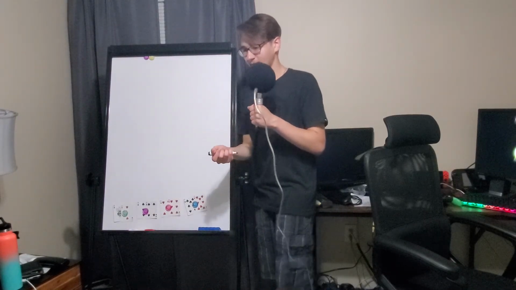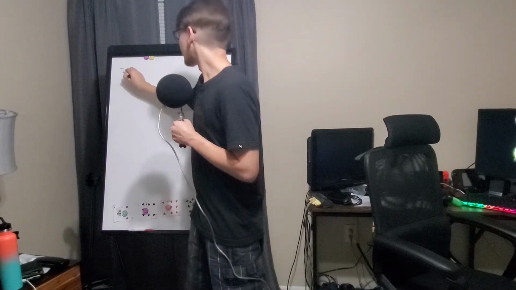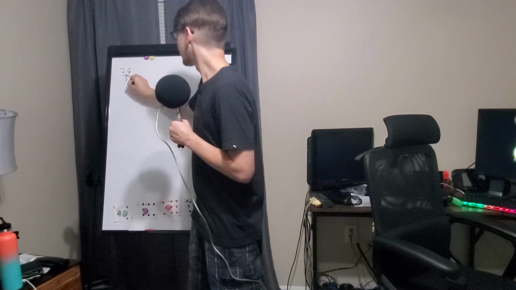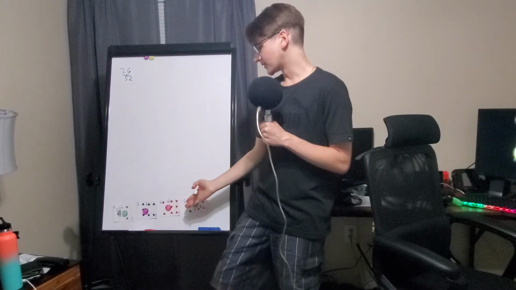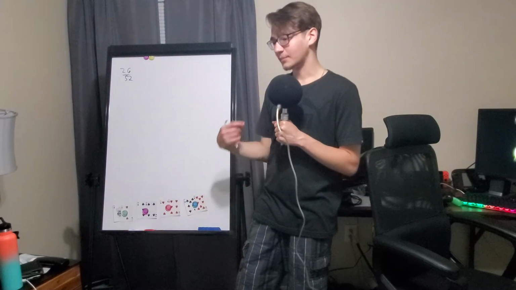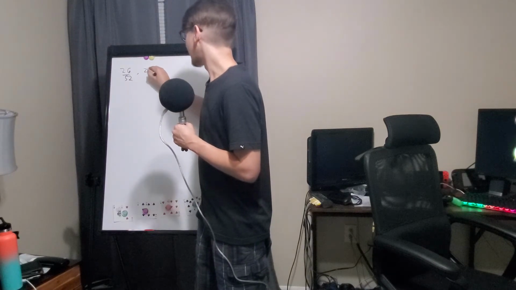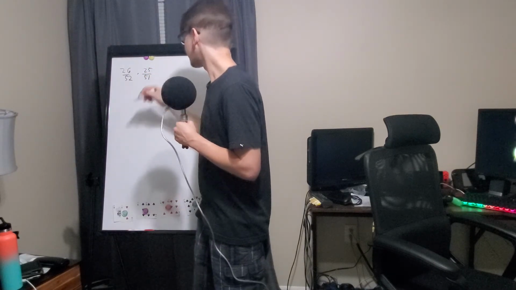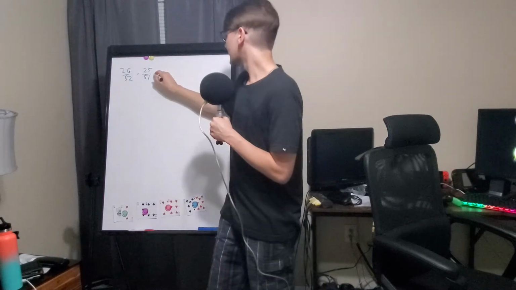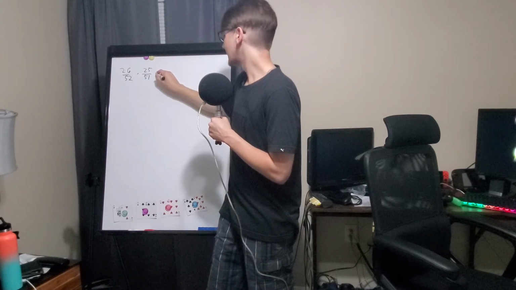So, first card, 26 out of 52. Probability of excluding both diamonds and clubs. Next one, 25 out of 51. And this will continue 8 times.